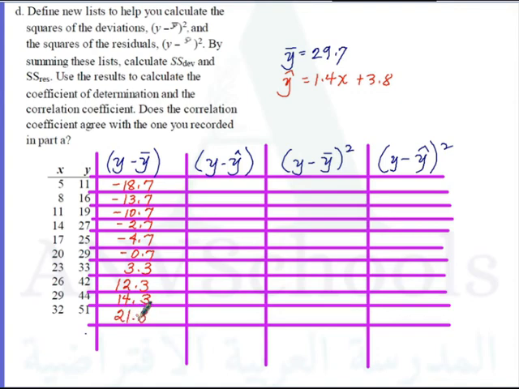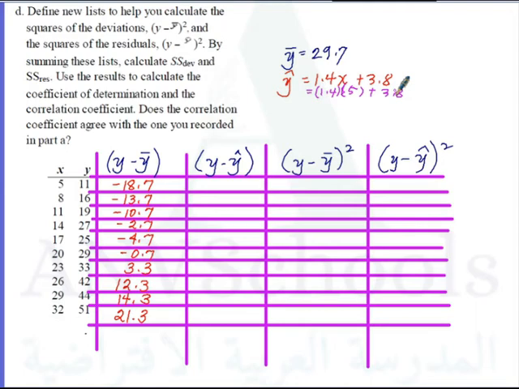For y minus y hat, first you have to get the y hat for every x value. So if x is equal to 5, this is 1.4 times 5 plus 3.8, and this is your y hat.